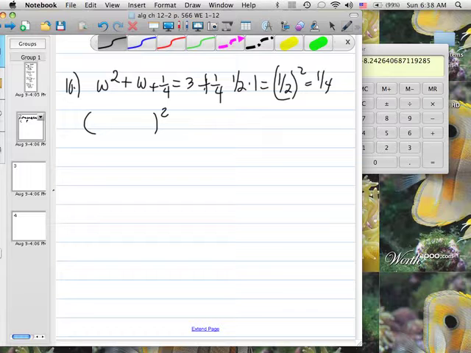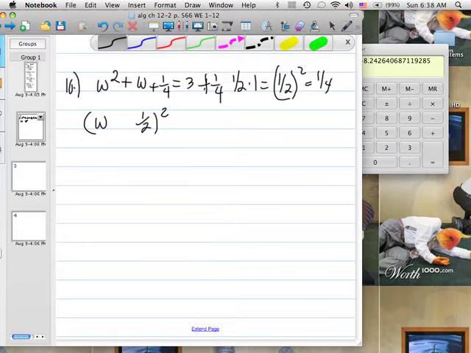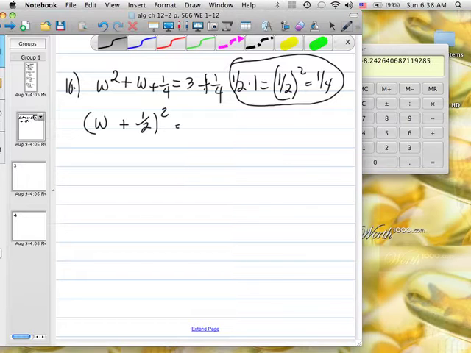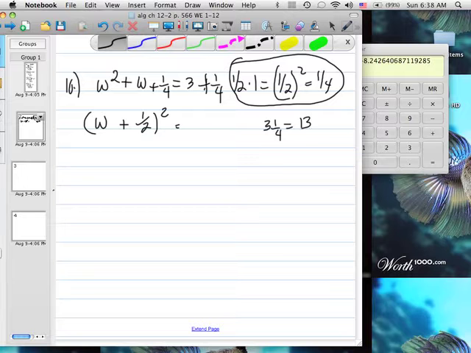So the square root of w squared is w, and the square root of 1/4 is 1/2, and it's plus. And this is 3 plus 1/4, so if we change that into a fraction, that's 3 1/4, which is 13/4. So we'll use 13/4 here.